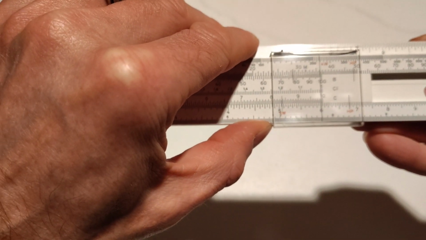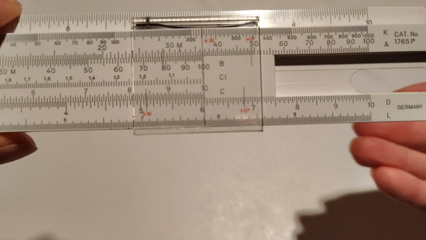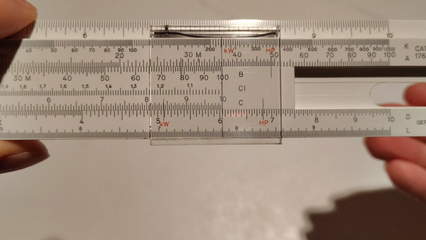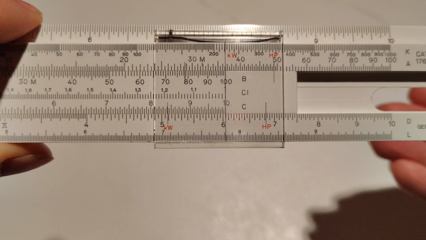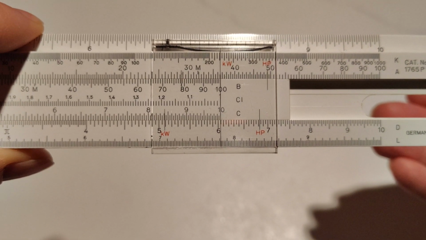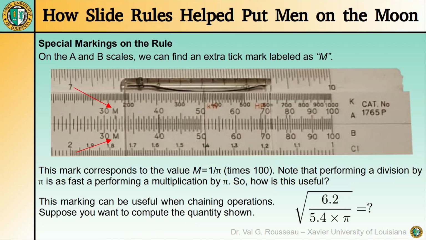We don't need to read that result. Instead, we can directly read the value of the square root on the D scale, 6.05, which needs to be divided by 10 because we use here the right index. The final result is therefore 0.605. So we chain two divisions which required us to move twice both the slide and the cursor.